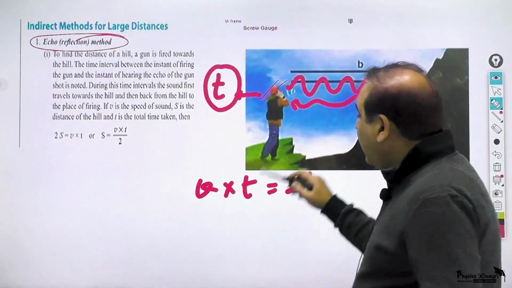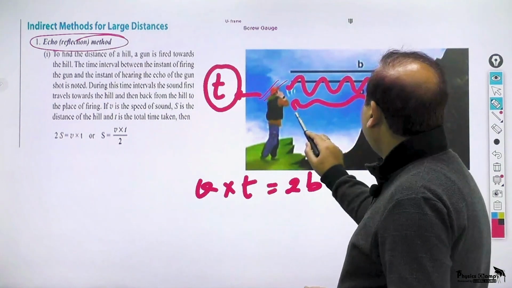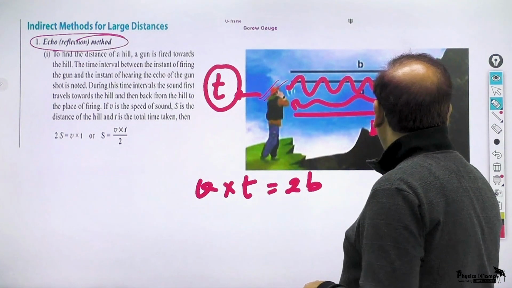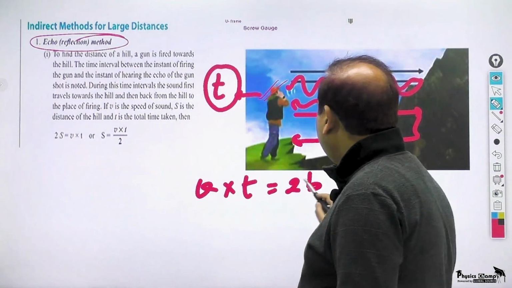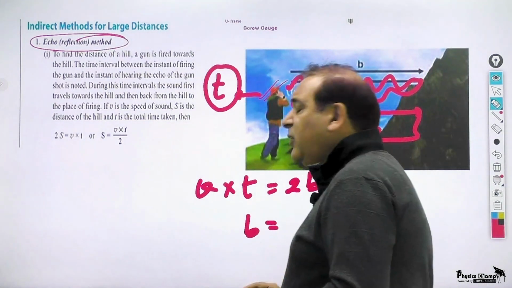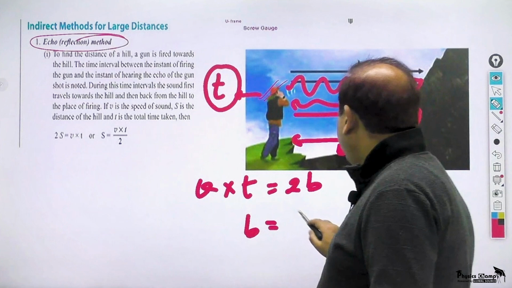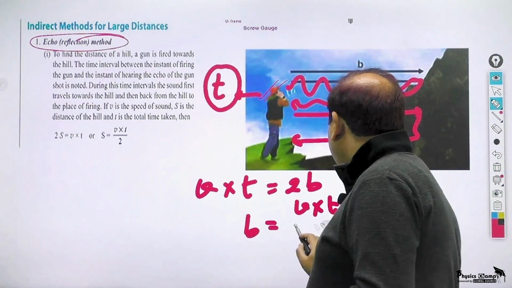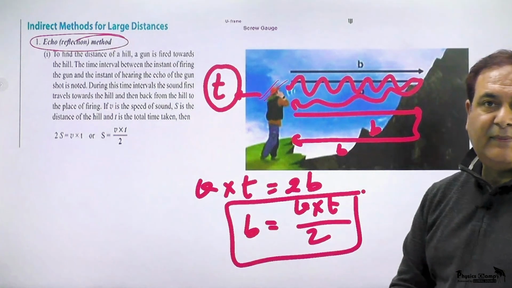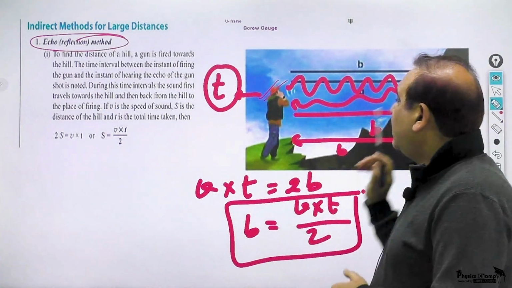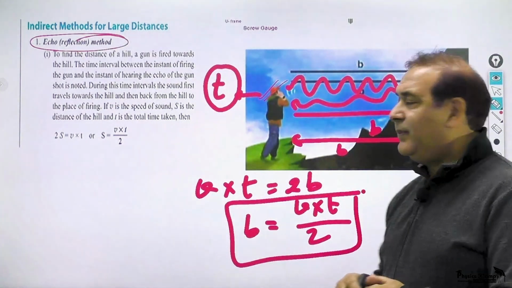But in that time t, it has traveled a distance b and it has come back a distance b. So this v into t is 2b, and the gap between you and the mountain would be velocity into time by 2. So you can calculate the separation. You can calculate the distance between you and the mountain.